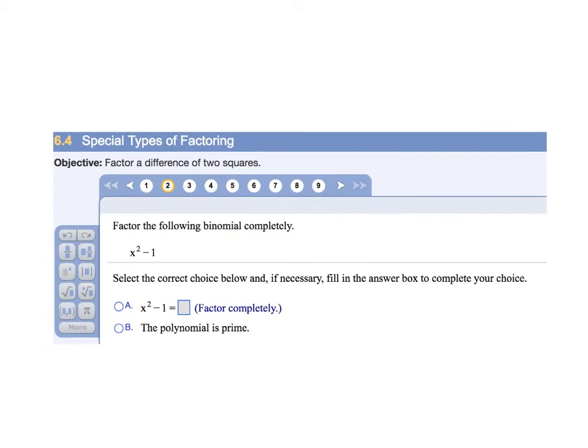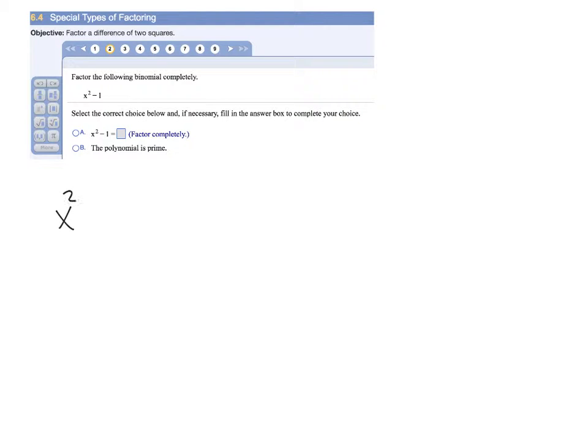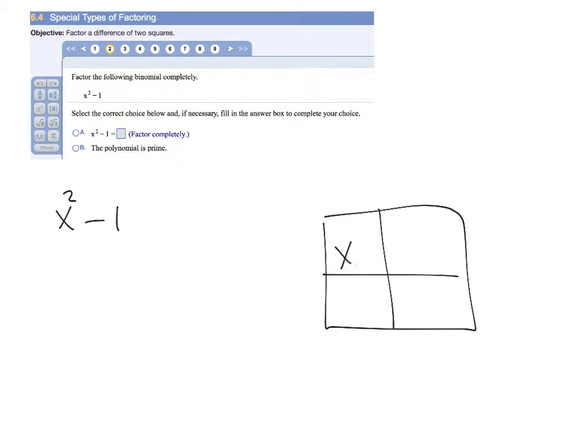So we're going to do more of the same. So you've got x squared minus 1. So our box over here, we know we've got x squared here, we've got negative 1 here. The only way to get x squared is to do x times x. The only way to get a 1 is to do 1 times 1. And we know that if we were to multiply these, we would get 1x and 1x. But these guys have to cancel out because there are no x terms.